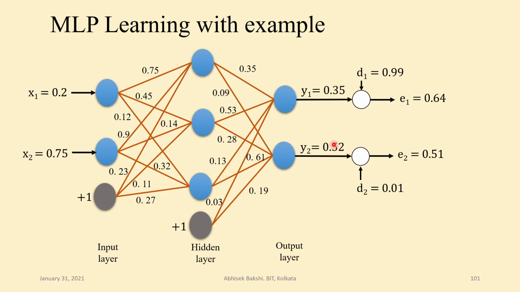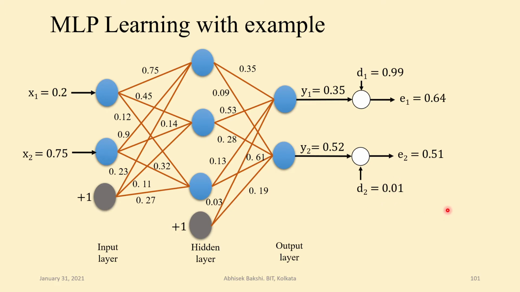Fine, and obviously I must have some desired value so that I can start learning, right? Suppose we are considering a binary classification problem, meaning there are only two classes. Suppose this output unit represents class 1 and this one represents class 2.